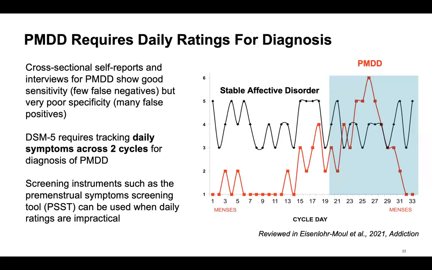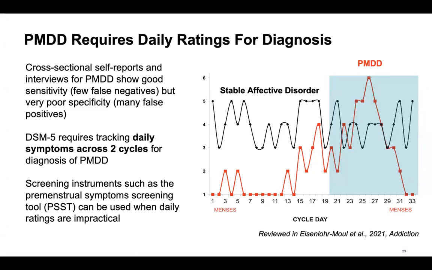Cross-sectional self-reports and interviews for PMDD show good sensitivity, so few false negatives, if someone reports it, but very poor specificity, many false positives. In fact, we find that these things only agree at about 30%. Only about 30% of people who report that single time point retrospective memory of PMDD symptoms actually end up having PMDD when they complete the daily ratings over 2 months.